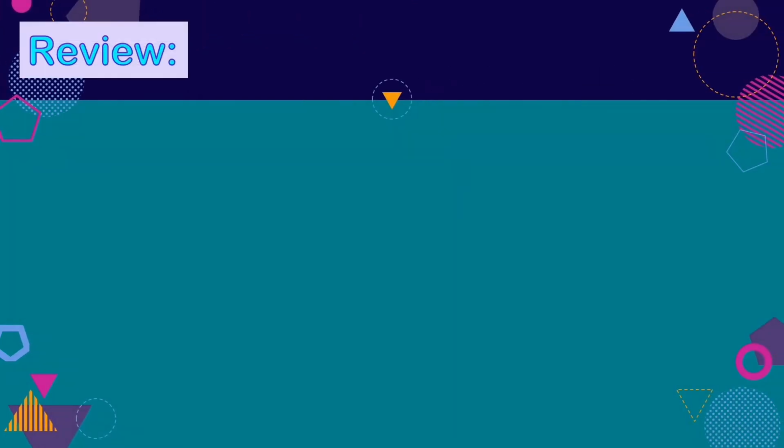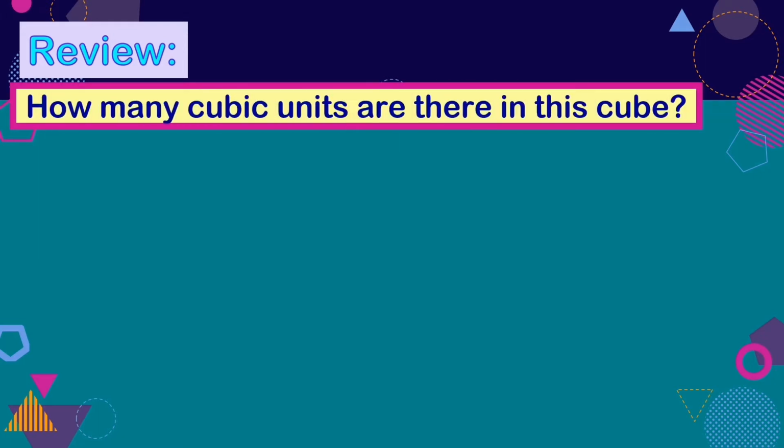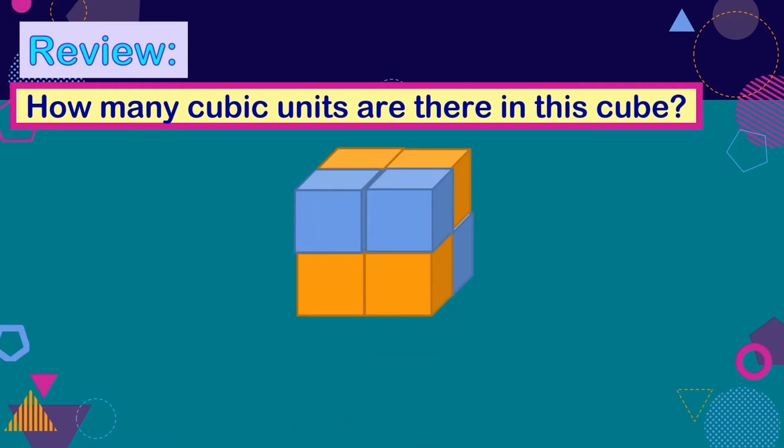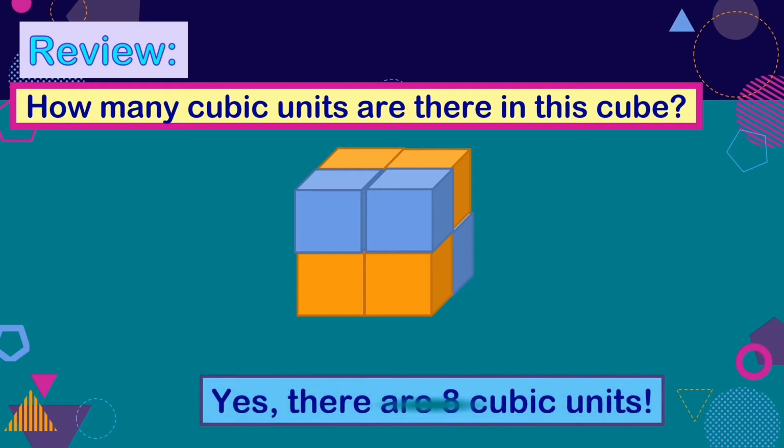Let us review now visualizing volume. How many cubic units are there in this cube? Yes, there are 8 cubic units because it has 2 layers of 2 by 2.